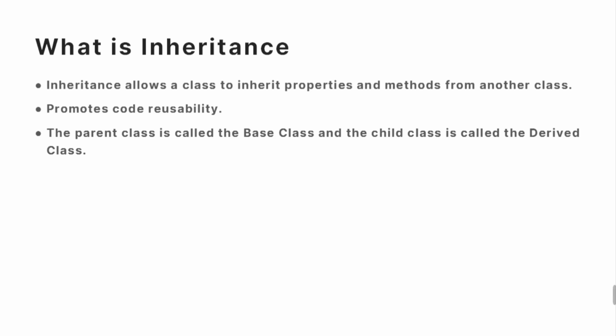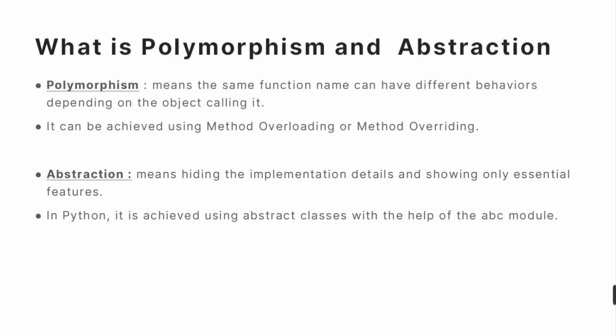Next, you can explain polymorphism and abstraction. Polymorphism means functions have the same function name but can have different functionalities. That is called polymorphism. In polymorphism, there are again two types: runtime polymorphism and compile time polymorphism.